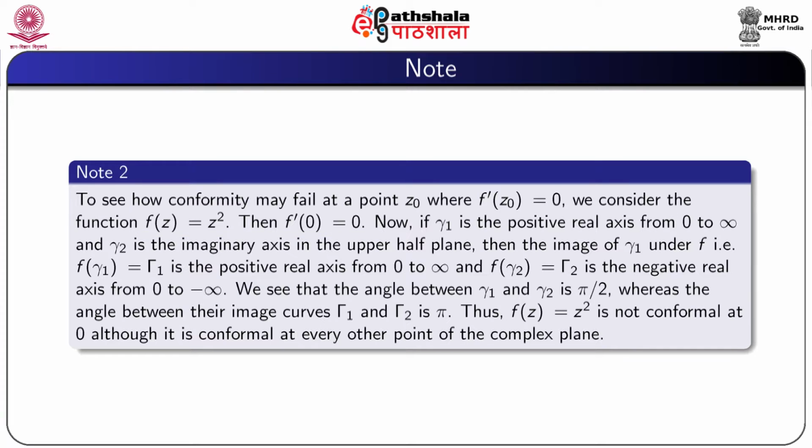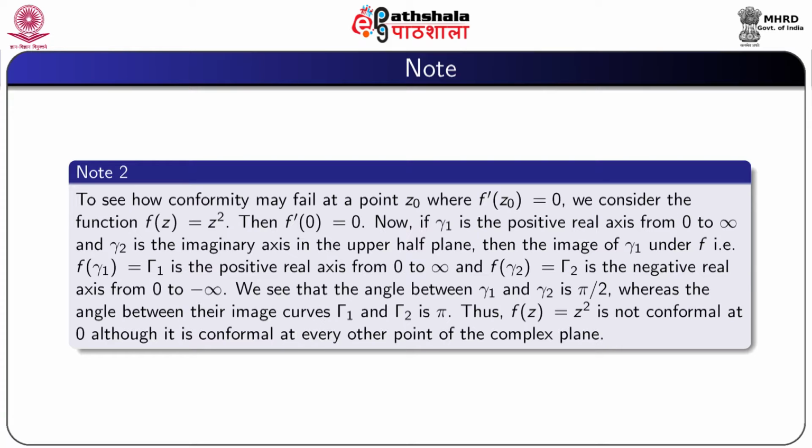Now, if gamma 1 is the positive real axis from 0 to infinity and gamma 2 is the imaginary axis in the upper half plane, then the image of gamma 1 under f, that is f of gamma 1 equal to capital gamma 1, is the positive real axis from 0 to infinity, and f of gamma 2 equal to capital gamma 2 is the negative real axis from 0 to minus infinity.